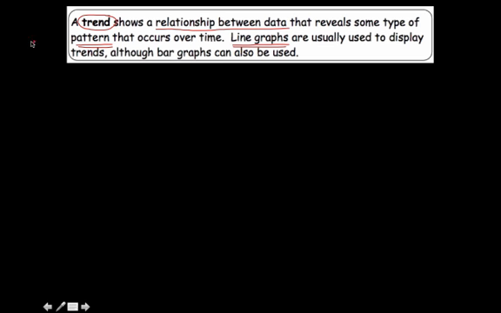The first thing that we want you to know is that there's a specific thing that you should do whenever you're looking at a graph in general. To look at the graph as a whole and to see whether or not you can describe the general shape and direction of the lines that you see.